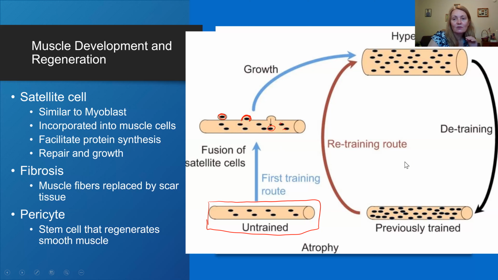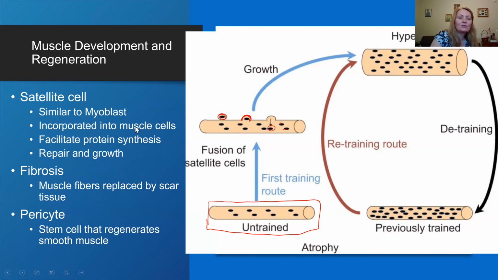Now, this process of your muscles losing their volume, getting smaller, is called atrophy. So if you don't use your muscles, they will go through atrophy. If you train them, they go through hypertrophy. Hyper means bigger. Atrophy means you're losing mass and volume. My goodness.